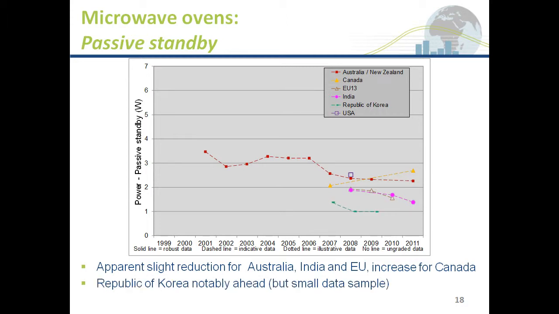But once again, we do see that the Republic of Korea is significantly ahead of the rest of the market, although it is a fairly small data set. Interestingly, the Indian microwave ovens that were measured are up with the better performers in this particular category.